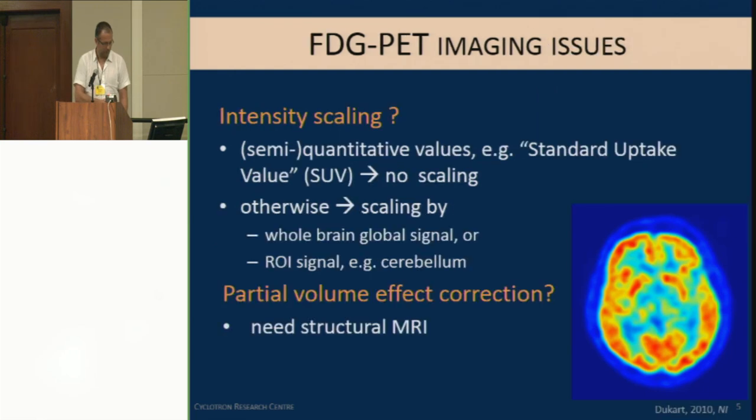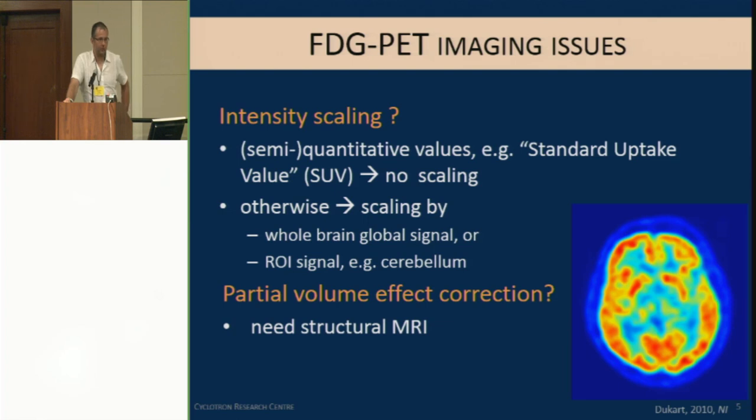When you're playing with PET images, a few points in terms of the imaging technique itself: it depends how data were acquired. Ideally, you would have a quantitative measure, the glucose consumption per minute per volume. There, you don't have to worry about the scaling, because whatever number you have in each voxel is an actual measure.